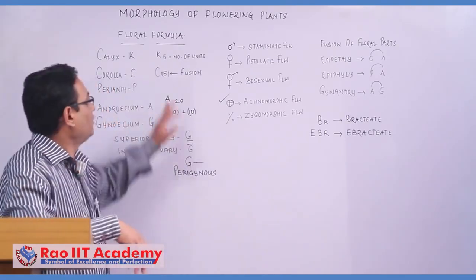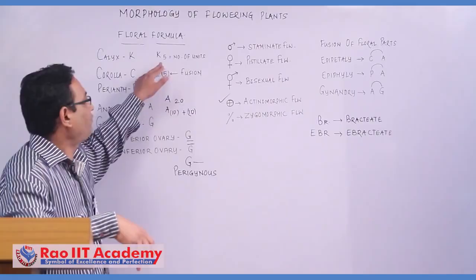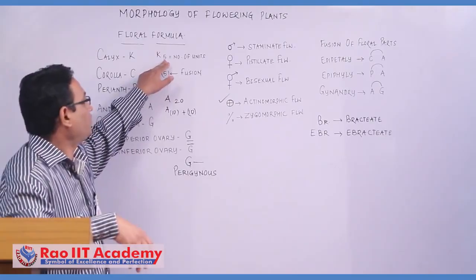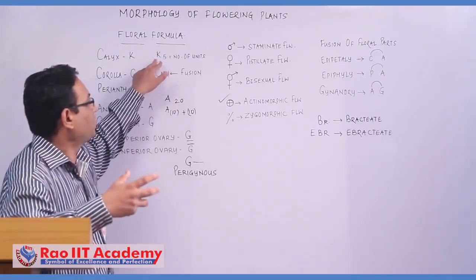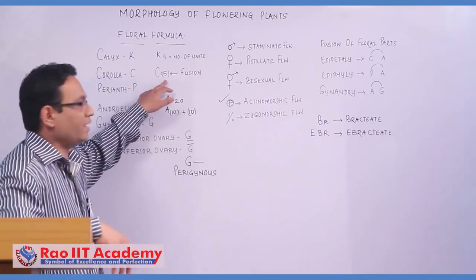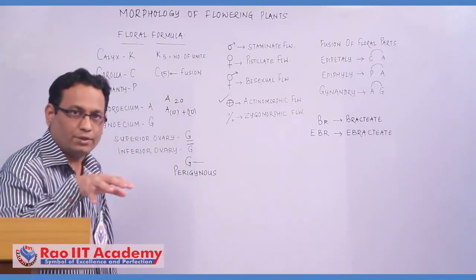In this example, the flower had 5 sepals, so we wrote down capital K with a 5 as a subscript. This tells us the number of sepals in that flower. Similarly, if we have 5 petals, we would write down capital C and then 5 below it.